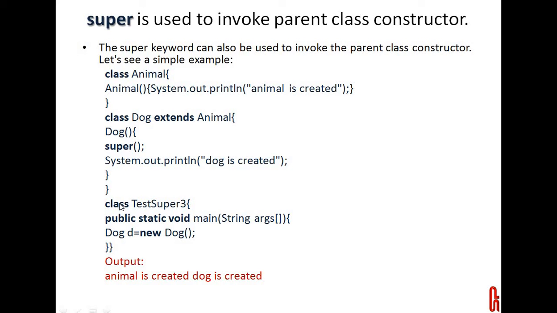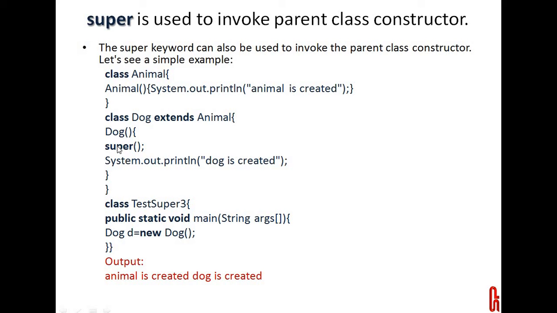So in our main class TestSuper3, main method is there, object for dog class is created, d. Upon creation of dog class object, the dog constructor will be invoked.